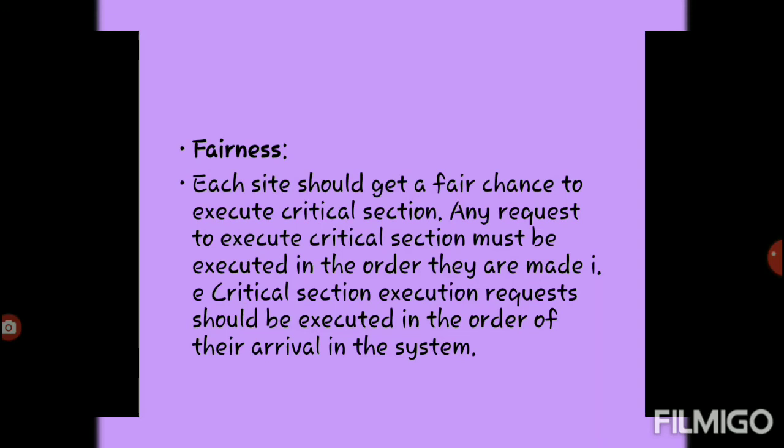If a process enters as the fifth process while four processes are already waiting, and it gets the resource before those four, it is unfair. This unfair supply of resources should not happen in a distributed system. This is the third requirement.